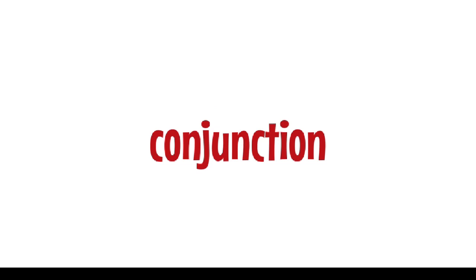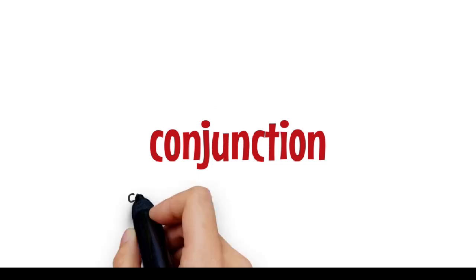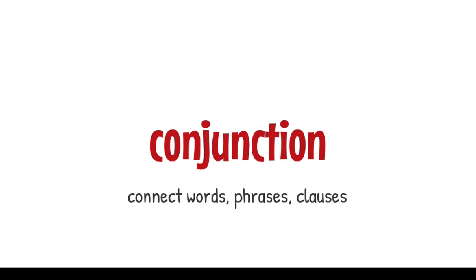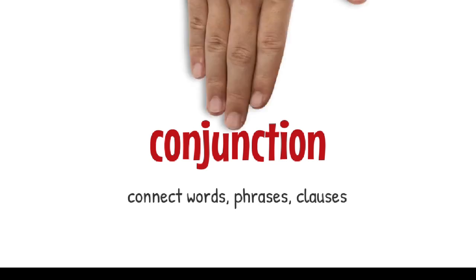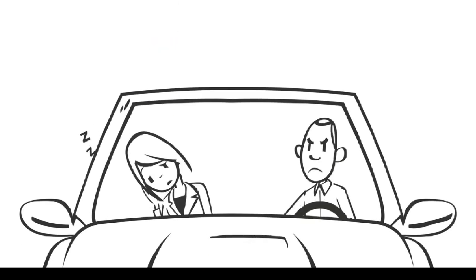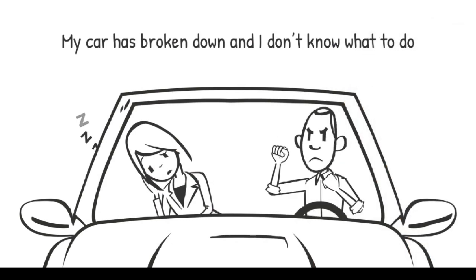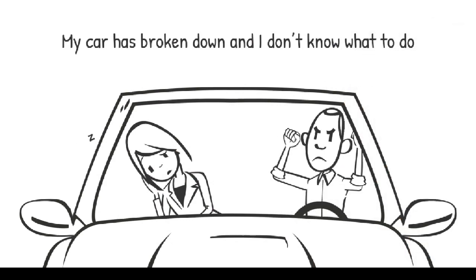Okay, the next part of speech is conjunction. The function of conjunctions is to sort of glue together words, phrases, and clauses. For example, my car has broken down and I don't know what to do.